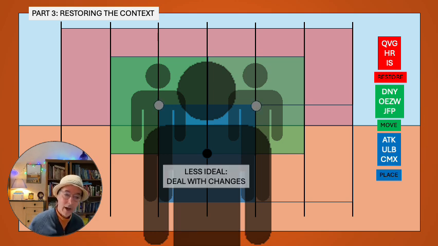Less ideal then for our opinion is that we have to deal with changes or with conditions, all these things that needs revision, and that needs to look at the conditions and see like, do we have the conditions now? No. And when do we have the conditions? Later. It's a different kind of thinking, and that's the green zone there. That's less ideal.